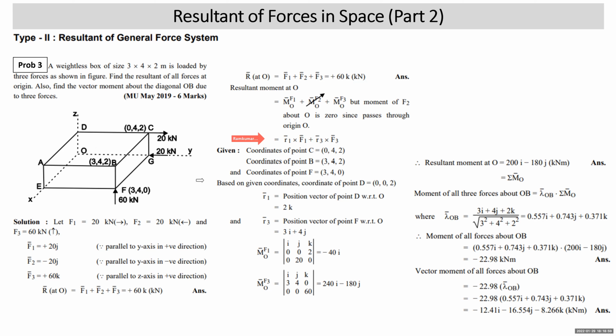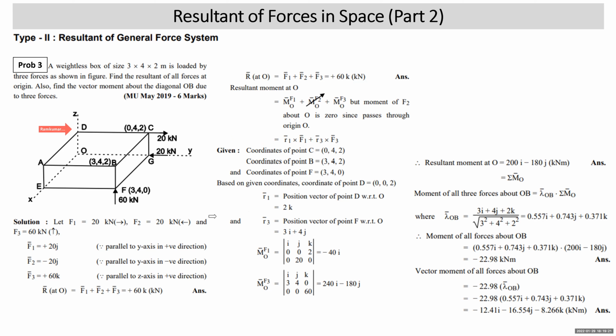All right. Now, we need to write coordinates of point D also. Coordinates of point D, as it is lying on the Z axis, will be 0, 0, 2. Any point lying on the Z axis will have X and Y coordinates 0, 0, and the Z coordinate is 2. All right. Now we'll take up R1 bar.